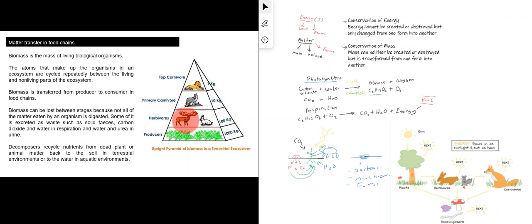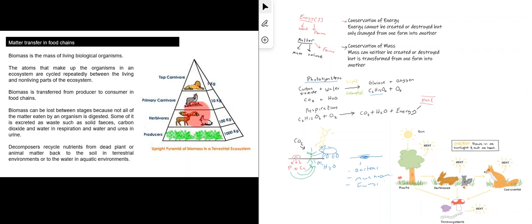The rest of it is lost, as we mentioned here. Then these will be consumed by primary carnivores, and again only about 10% will be taken on from these, and the same up the food chain. So we can see that not all of the mass is being transferred up through the food chain. A lot of it is being lost back into the environment.